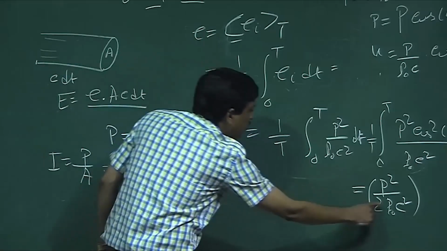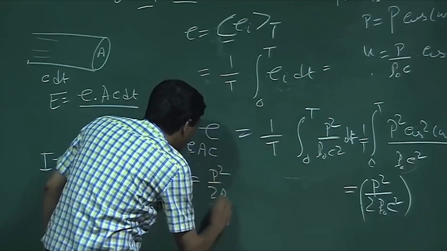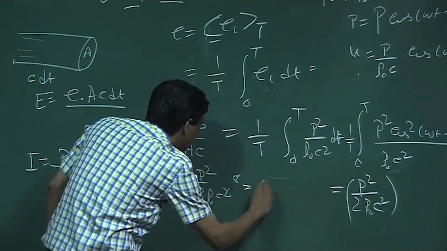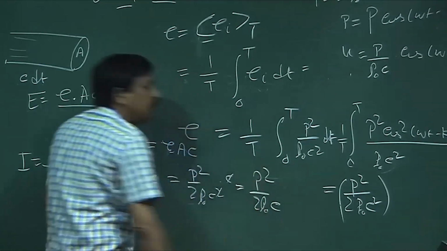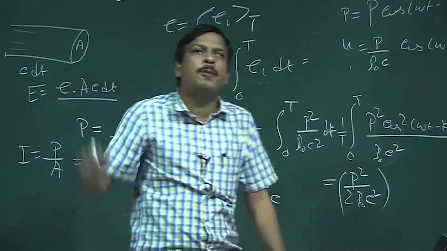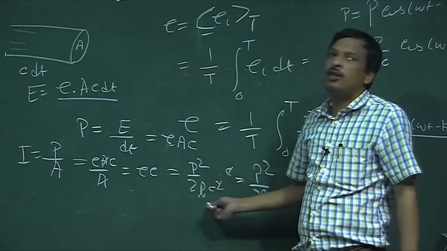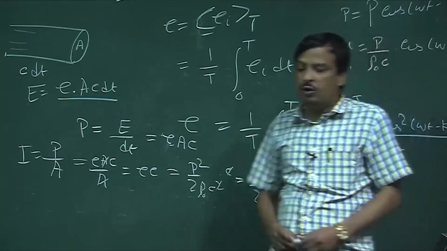P square by 2 rho C square. So, P square by 2 rho 0 C square into C is nothing but P square by 2 rho 0 C. So, the intensity of plane wave propagation is P square by 2 rho 0 C.